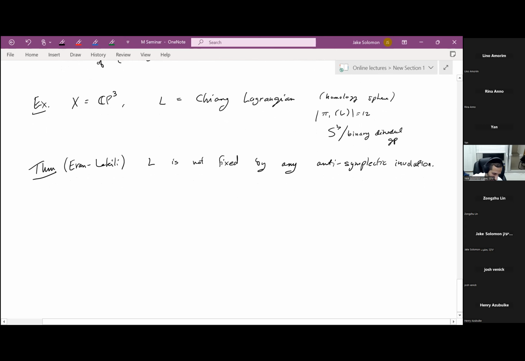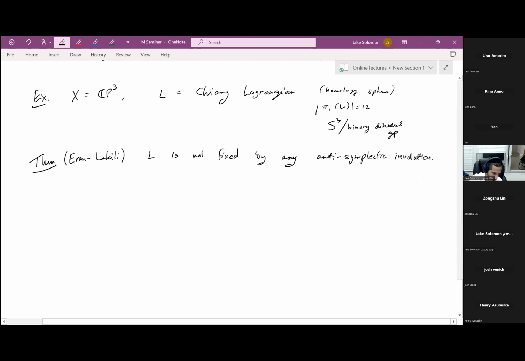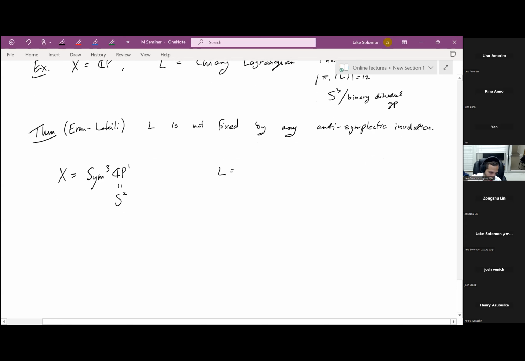And so more explicitly, what is this thing? Let's think of X as being the symmetric power of CP1, and think of CP1 as being a 2-sphere, and L will be the following thing. In other words, unordered triples of points on the 2-sphere.